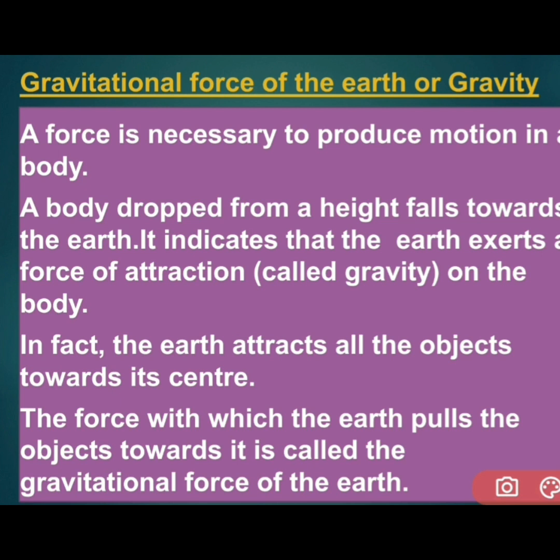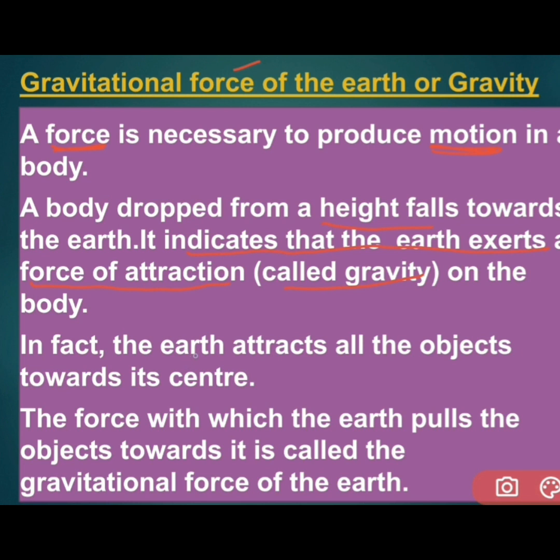Before starting with universal law, we should know what we mean by gravitational force of Earth or gravity. As we know, force is very necessary to produce motion. So whenever a body is dropped from a height, we observe that it always falls towards the earth. That means that earth exerts a force of attraction. This force of attraction is called gravity.